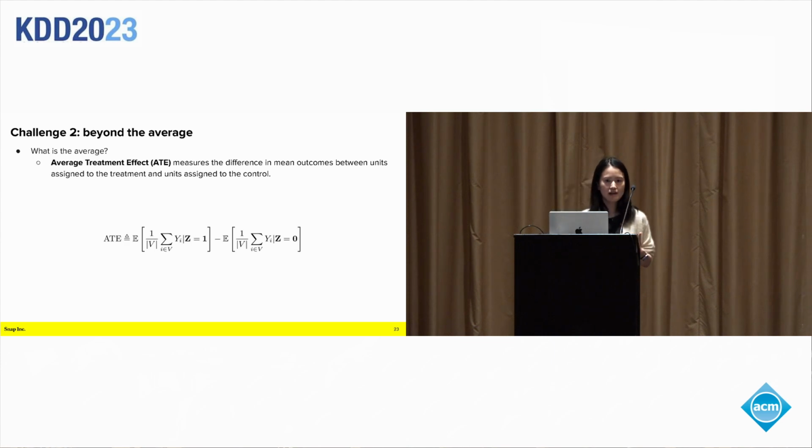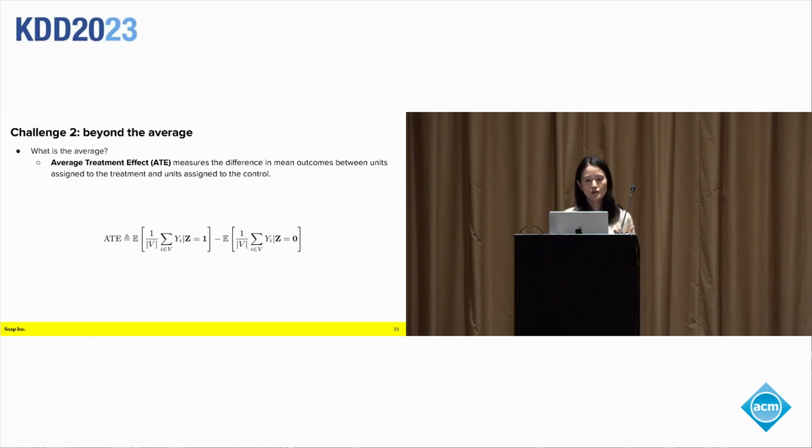Before we talk about heterogeneous treatment effect, let's first take a look at what average treatment effect is. Average treatment effect measures the difference in the mean outcomes between units assigned to the treatment and the units assigned to the control. In this equation, Z is the treatment.